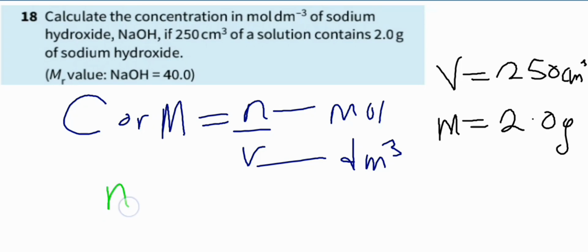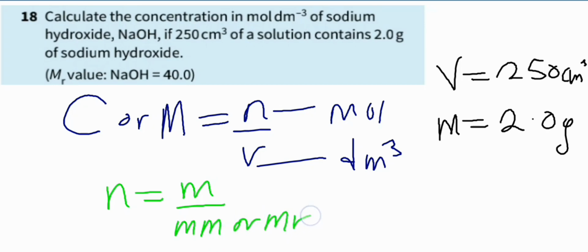So the number of moles is given by the mass divided by the molar mass, or the relative atomic mass.